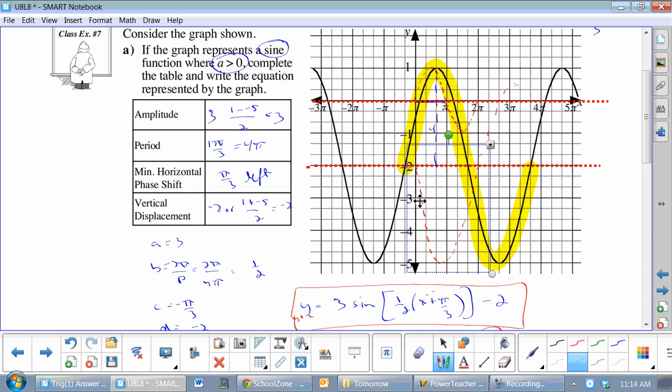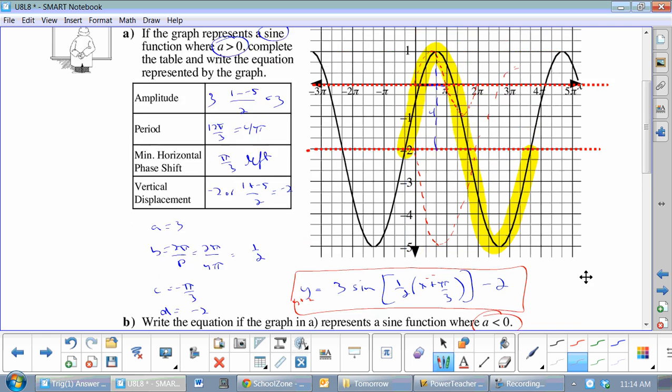Now, should I go left or right? If I go right, it'll be, come on, maybe. We can do this. 1, 2, 3, 4, 5. Okay? Now, if we go the other way, it'll be 1, 2, 3, 4, 5, 6, 7. So we talk about minimum.